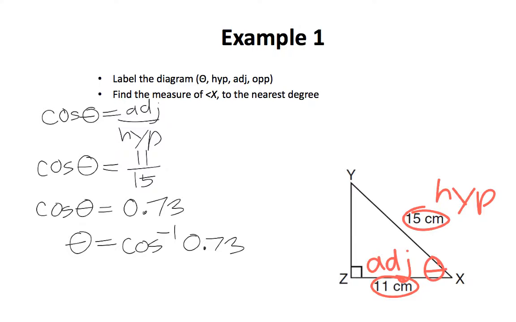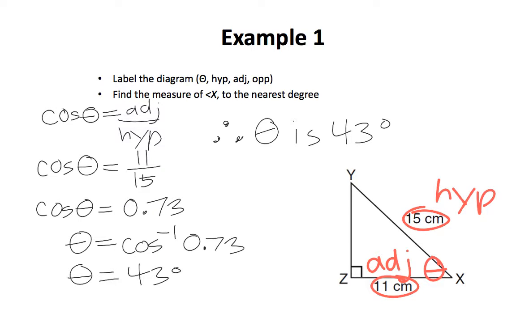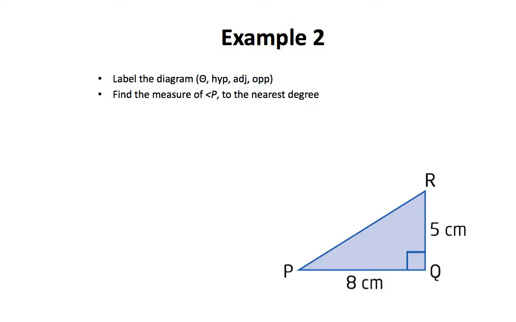It really depends on the type of calculator you have. Therefore, the cos inverse of 0.73 is approximately 43 degrees. So let's make a concluding statement. Therefore, theta is 43 degrees. In our second example, we want to find the measure of angle P to the nearest degree. So let's label it theta.